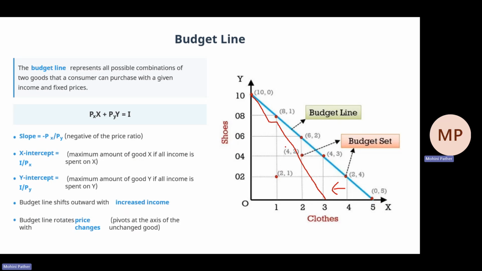The same thing would happen with shoes. If there was an increase in the price of shoes, we would have a movement inwards towards the origin in shoes. This is, of course, assuming that there is only one change in price. It is either applied to shoes or to clothes, but not to both at the same time.